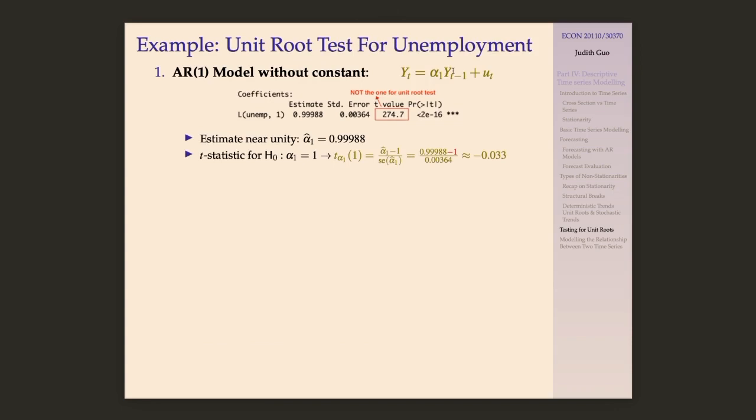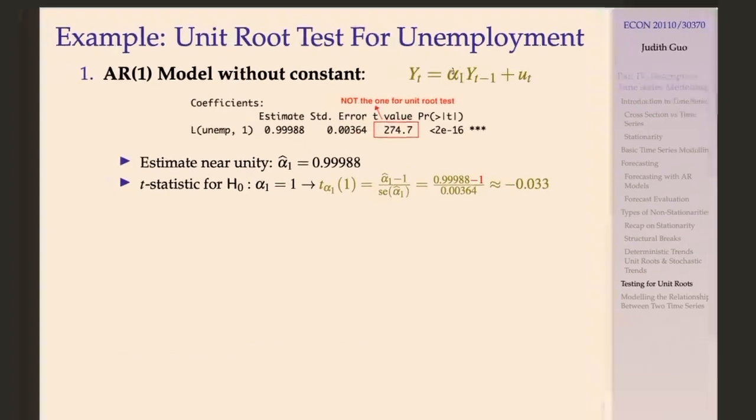Now, if we run the AR1 model without a constant for the unemployment, which is something we've been doing all the time, simply regressing yt on its immediate lag, this is what we get in R. We can see that alpha hat 1 is very close to 1, 0.9998, which hints at non-stationarity.